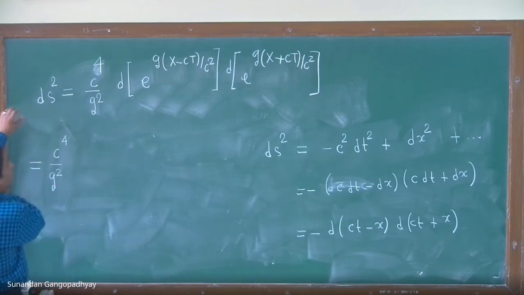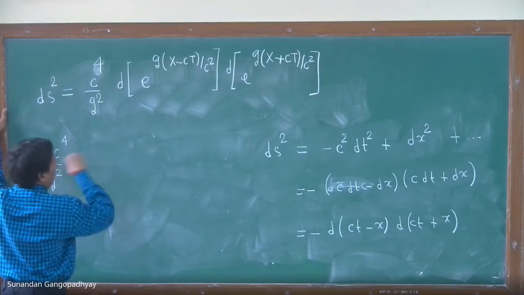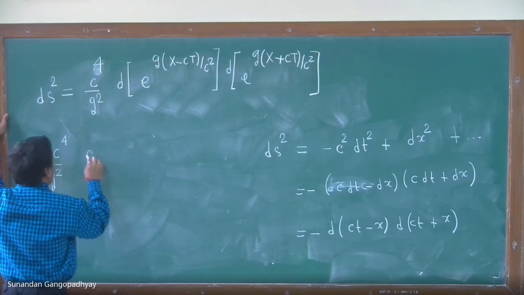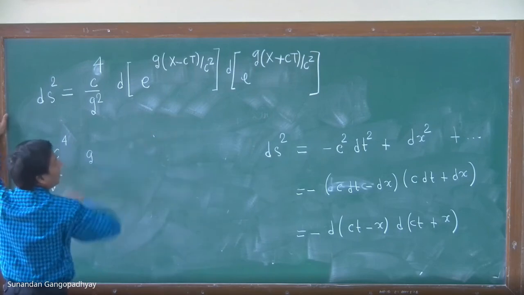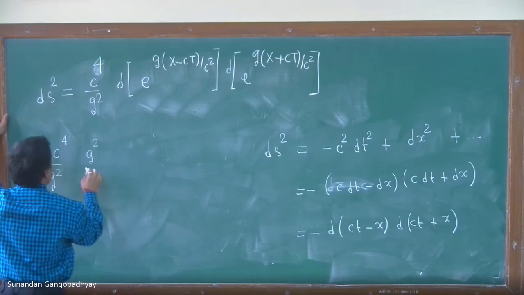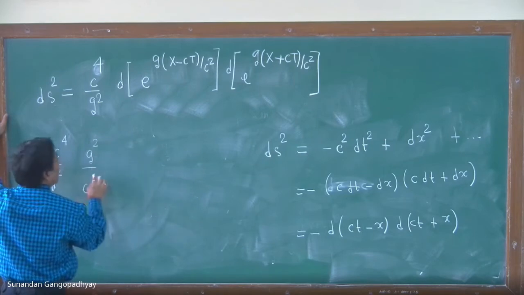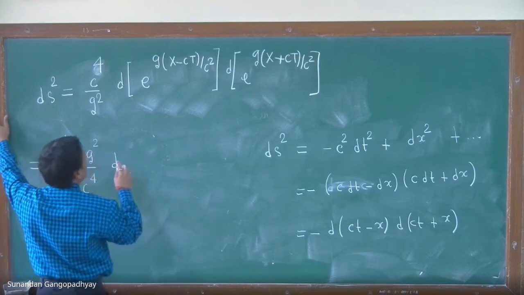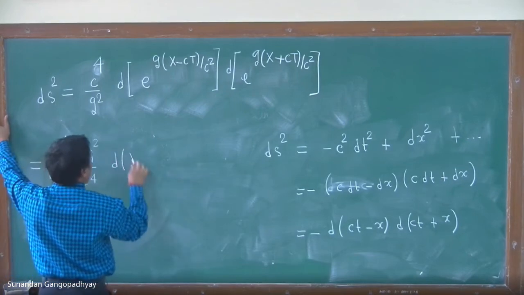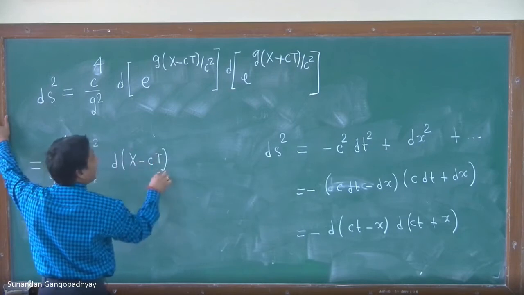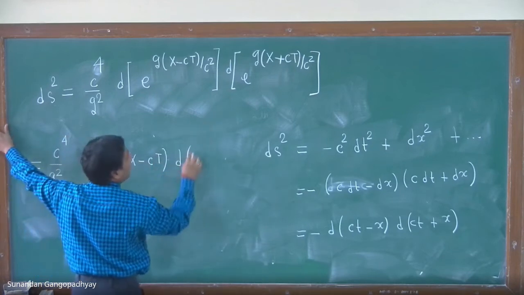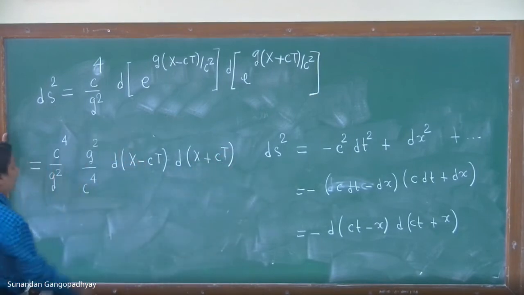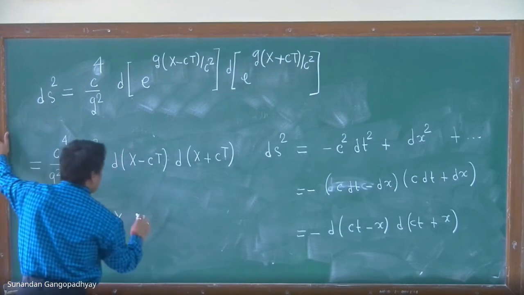If you take the derivative, then you will get g from both. I am taking the factors. It will be g square by c to the power 4, derivative of x minus ct, and that will also give a derivative of x plus ct. Okay, then multiplied by the exponentials that will remain there.